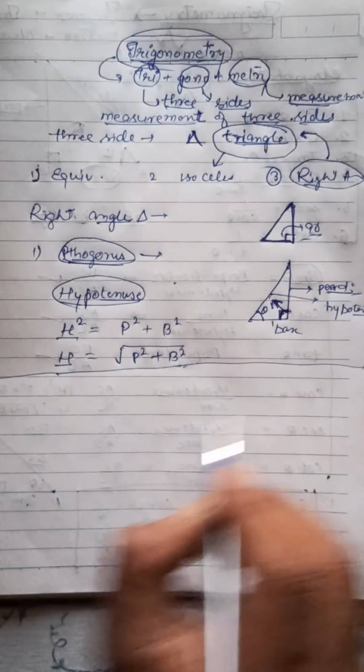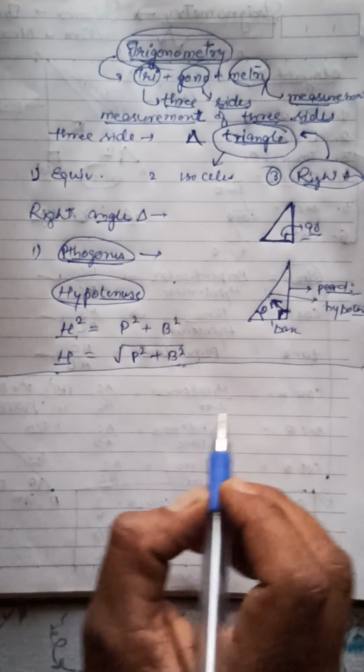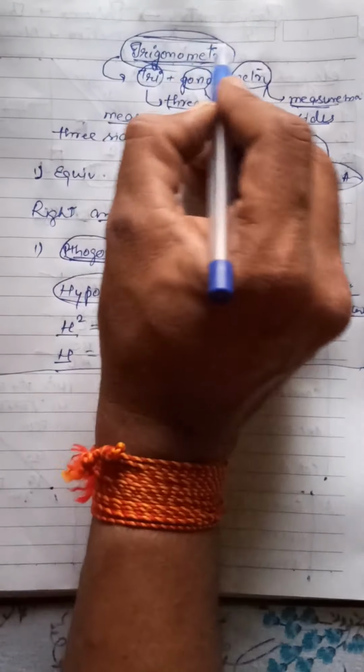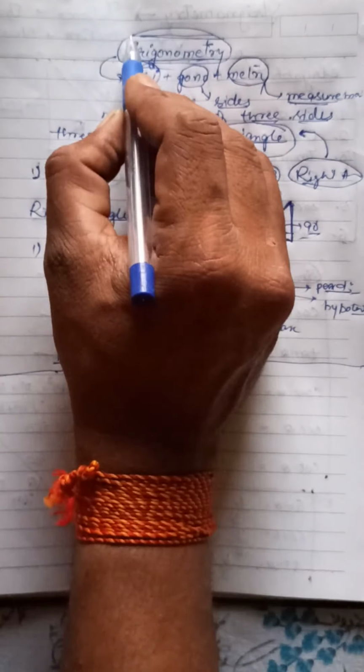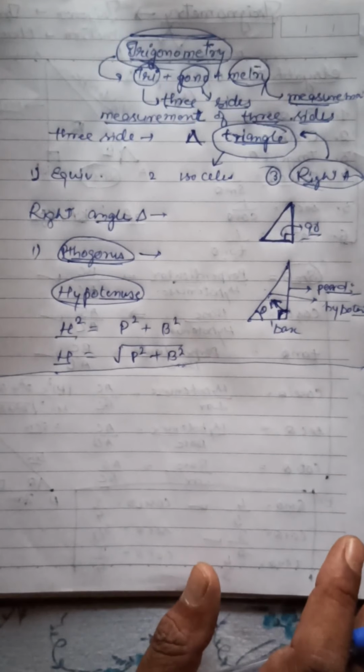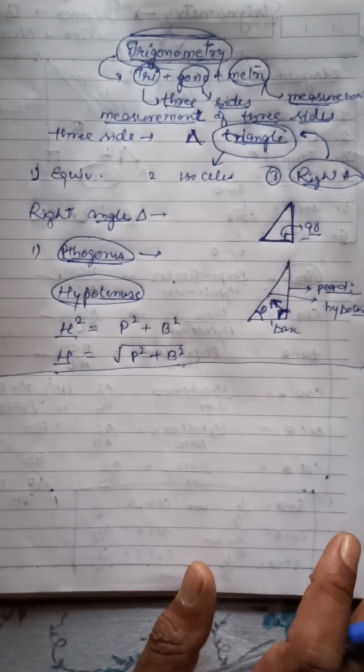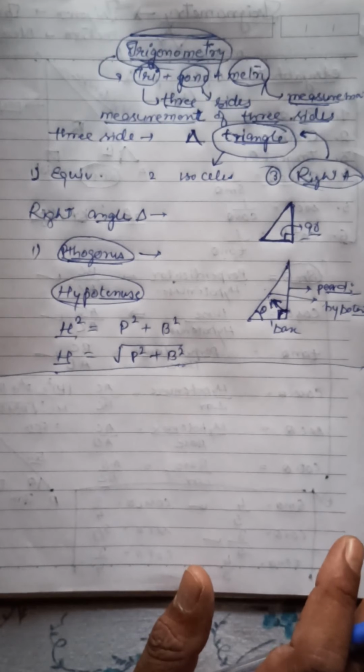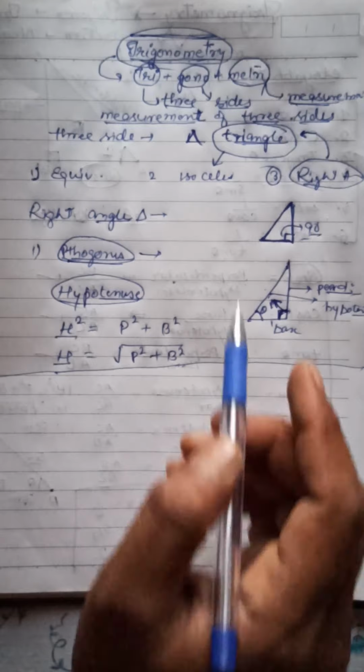Right? Now what are we going to do with trigonometry? Why do we study this? If we visit the Qutub Minar, can we measure the height of the Qutub Minar with a scale or some measurement unit? No, it is going to be difficult. So what are we going to do?